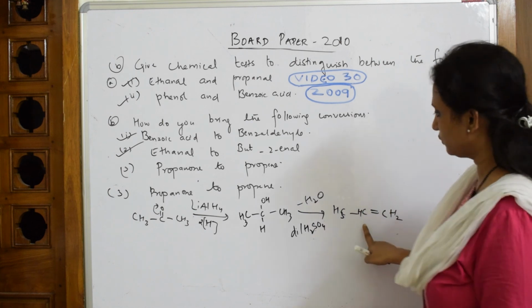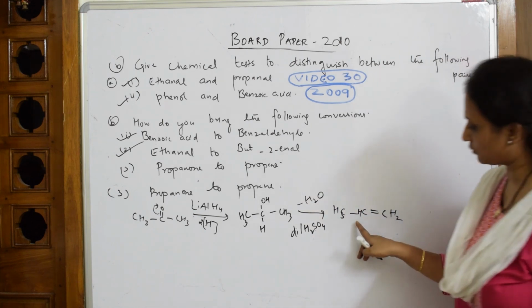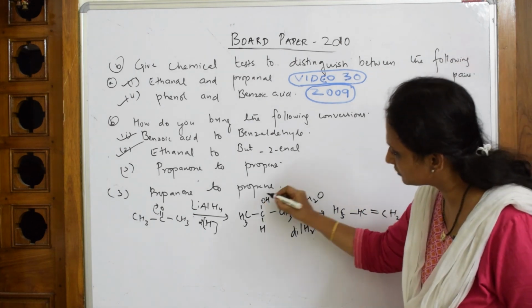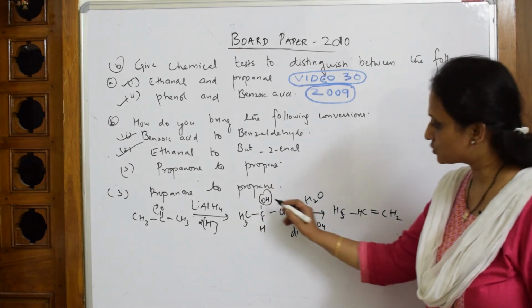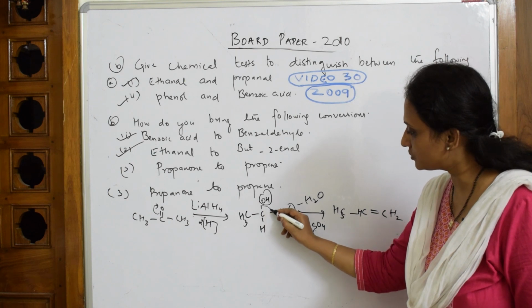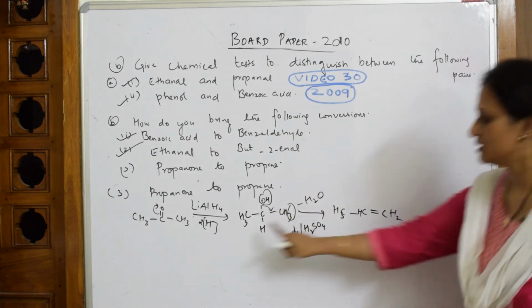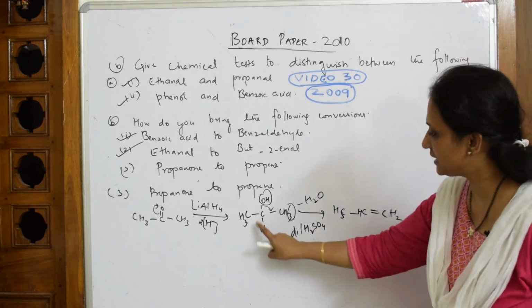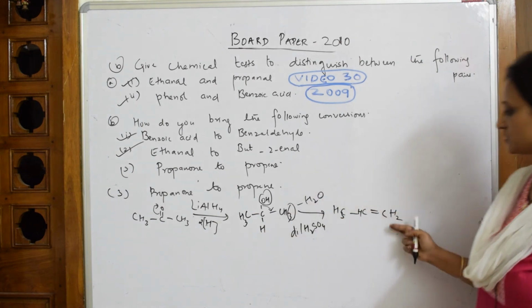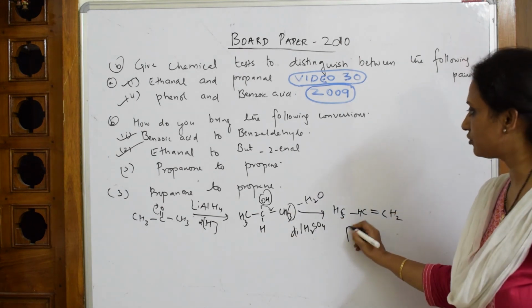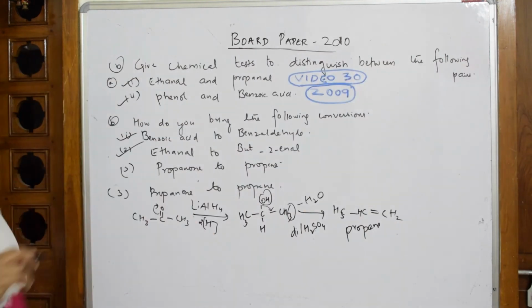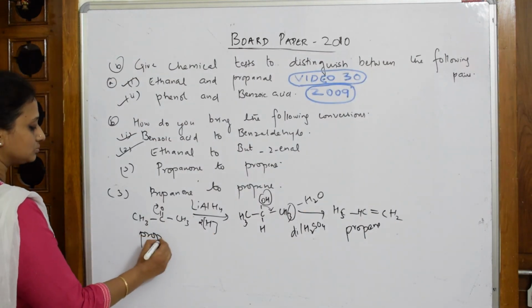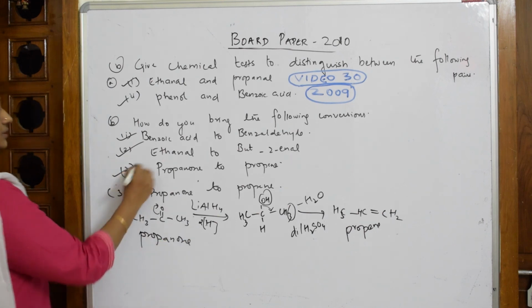You have to remove water: OH from here and H from here are going to get eliminated. So this bond is going to shift here. CH3 is here, CH is here, CH2 is here. What did I get? I have got propene from your propanone. That's it. This is how we are going to do the conversions.